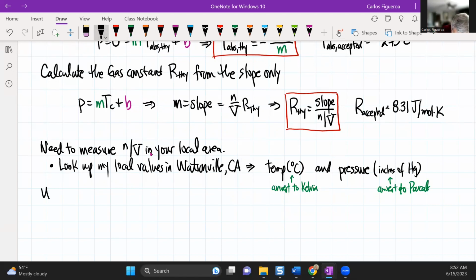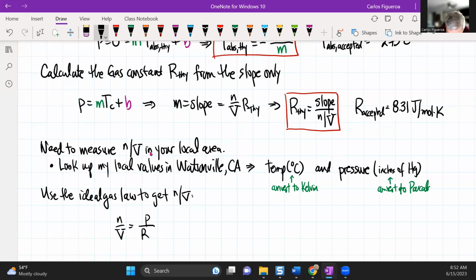Now, use the ideal gas law to get N over V. So N over V is then going to be pressure divided by RT. And here's what I found.